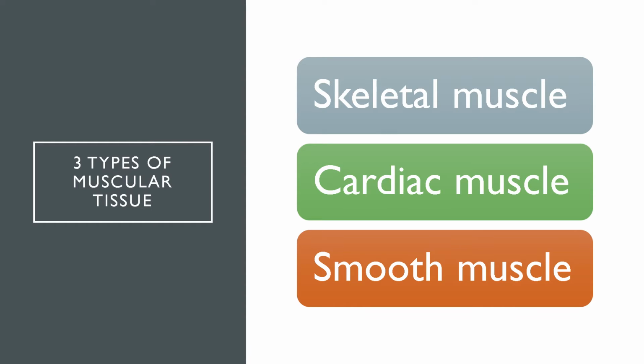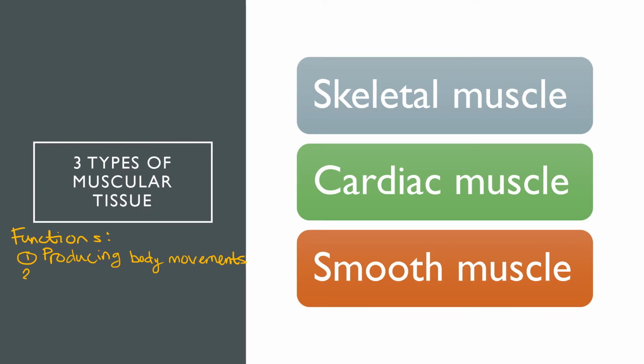Now, muscular tissue as a whole has 4 key functions. Our first one is going to be producing body movements. You know this because we know that we move our limbs by muscles.